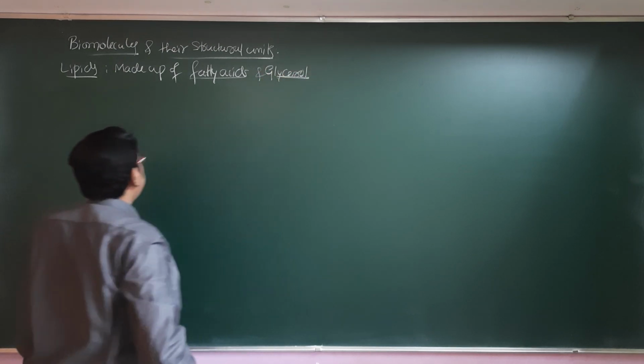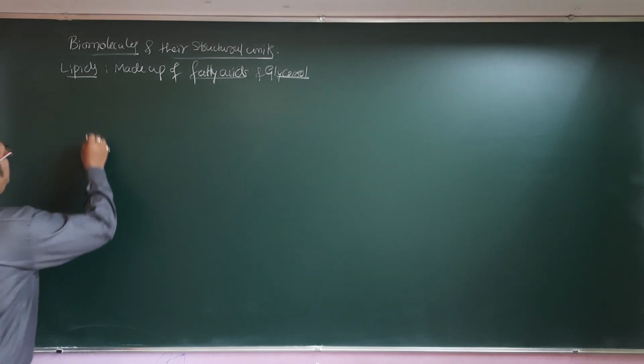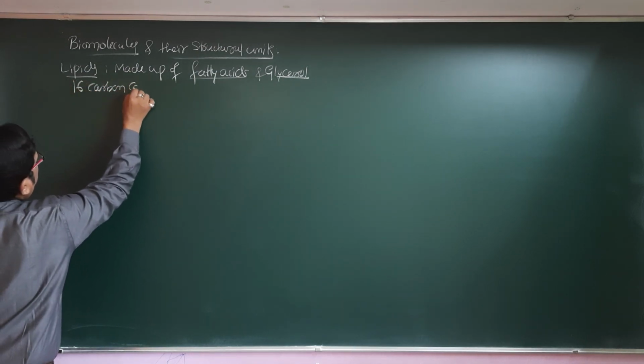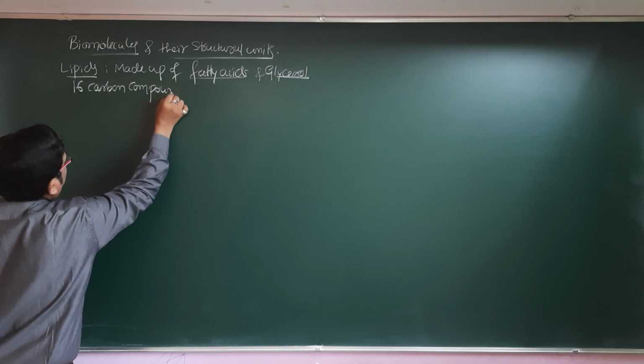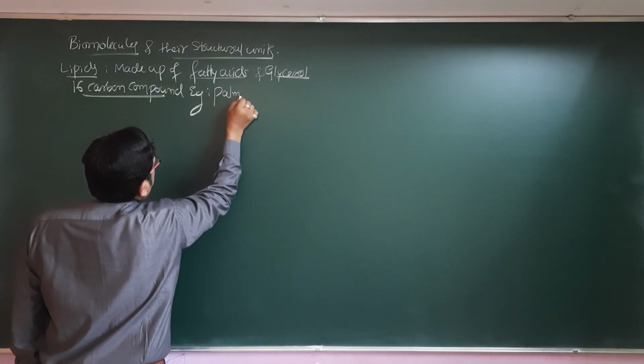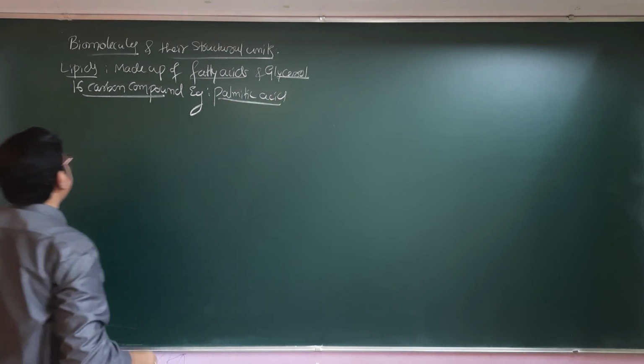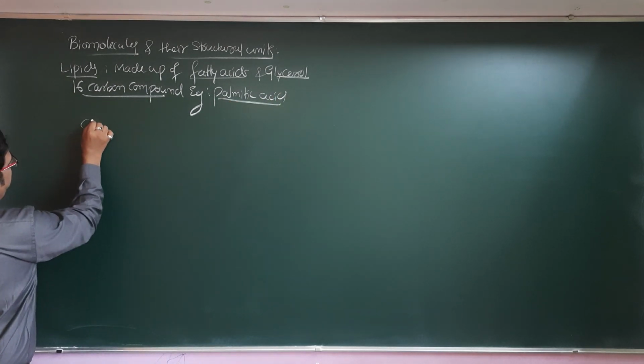Lipids can be 16 carbon compounds. The example for this is palmitic acid. Considering the palmitic acid structure, it is basically CH2 repeated, ending with COOH.